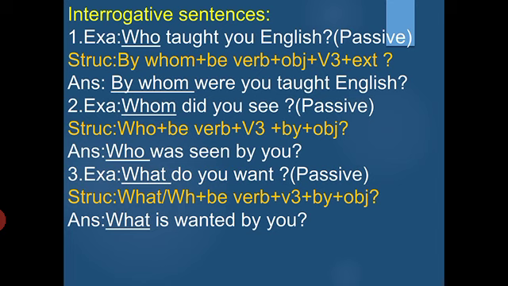And the structure is what plus V3 plus by plus object. And the answer is what is wanted by you. That means what is wanted by you according to the structure.